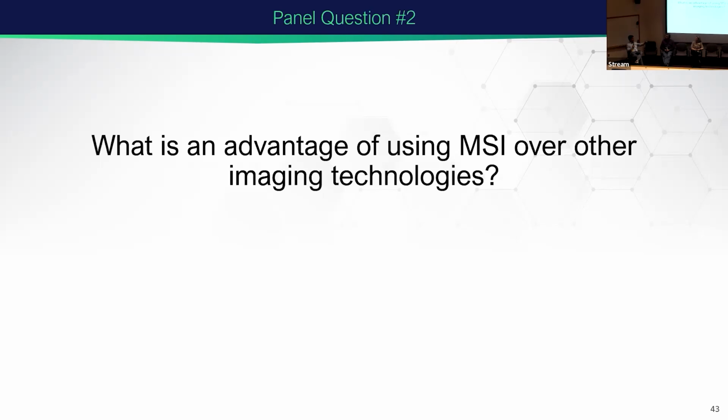But in mass spec imaging, the mass dimension is huge, and especially if you're using high resolution mass spec, you can simultaneously image in principle up to hundreds of thousands of compounds at the same time. So that's probably the most multiplexed imaging only mass spec can do.